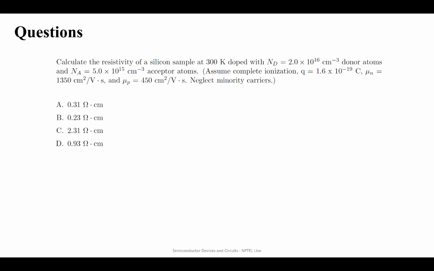Neglect minority carriers. The options are: 0.31 ohm cm, 0.23 ohm cm, 2.31 ohm cm, 0.93 ohm cm.